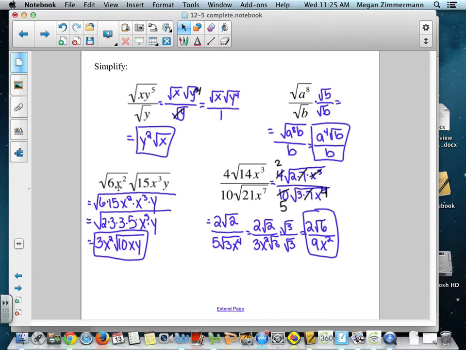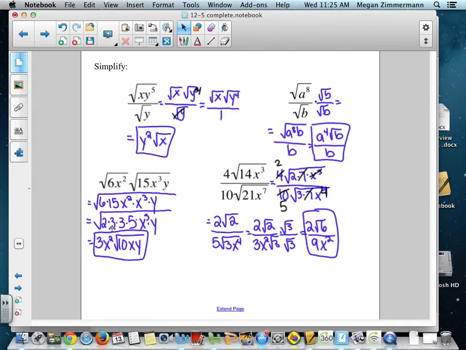Here, the first thing I did was rewrite the two roots as all one square root. So I have the square root of 6 times 15 times x squared times x cubed times y. Then I looked at 6 and I said, well, 6 is really 2 times 3, 15 is really 3 times 5. And then x squared times x cubed is really x to the fifth, and then y just stays y.